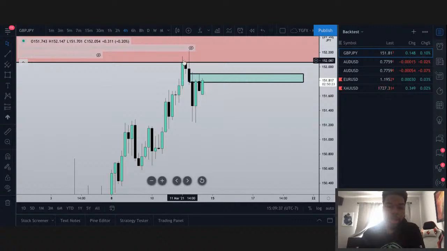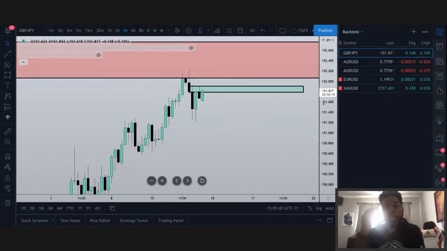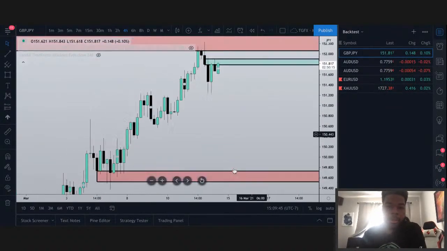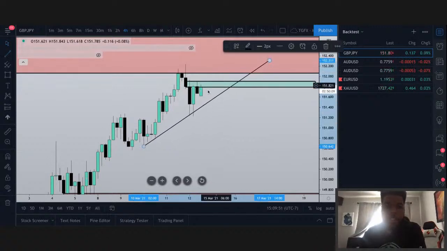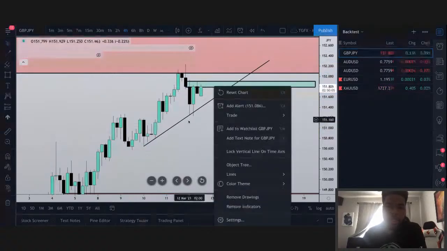Now, we also did wick that area of supply, so I would keep all of those factors in mind moving into this week. And anything else you can potentially add, like trend lines that you could see price respect and then break out of, that's always good to add.